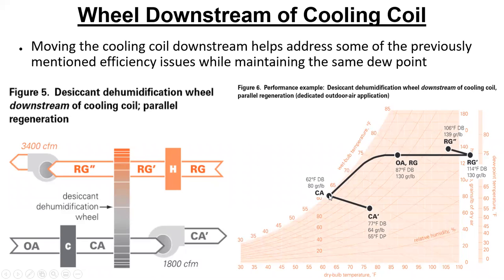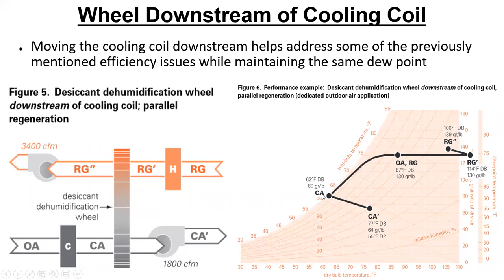And then we go across the desiccant wheel. Now this desiccant wheel is not as hot because we only put in 114-degree regen air, and I've got 62-degree air blowing across here. This cold air is going to drastically cool this wheel down, which keeps it from building as much temperature, which helps us all the way around.